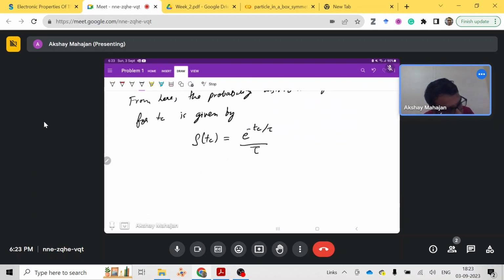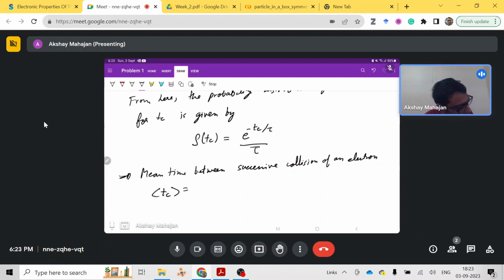Then this implies the mean time between successive collisions of an electron. We have to find the average of Tc.